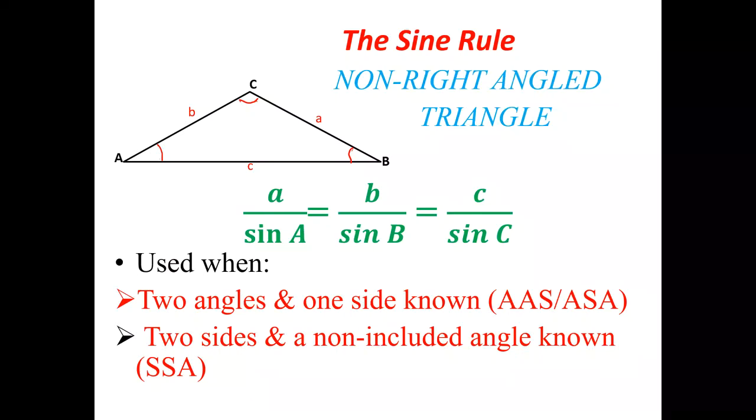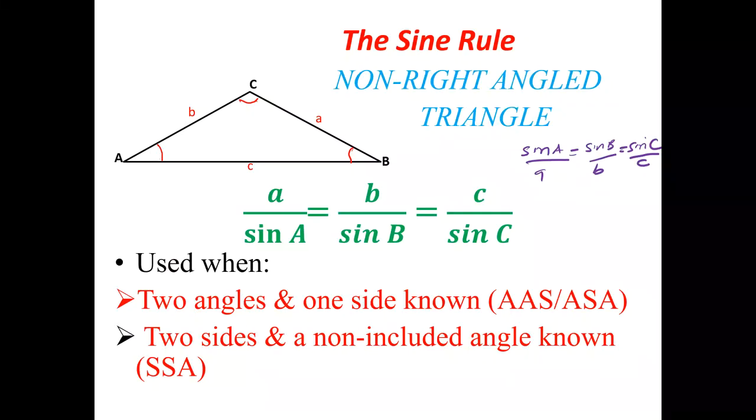The sine rule states that a out of sine A, whereby a is the side opposite angle A, then c, small c, the side opposite angle C, and small b, the side opposite angle B. Similarly, some people also write it this way: sine A out of a is equal to sine B out of b is equal to sine C out of c, whereby these small letters represent the sides opposite those angles.